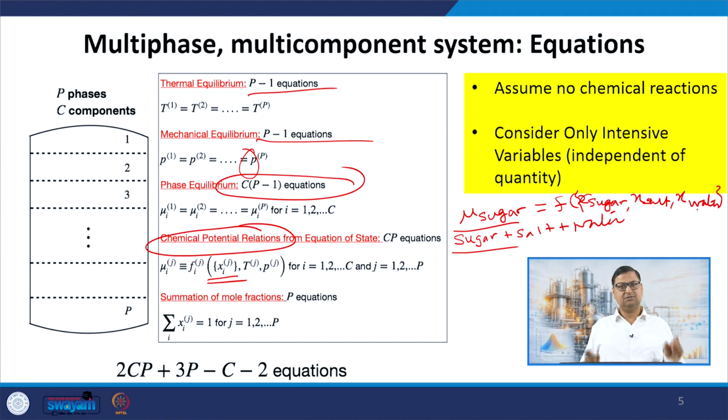These three together define the composition of that particular phase. So, I put a curly bracket here to indicate that I am referring to not only the mole fraction of component i, but mole fraction of all the components in that particular phase.